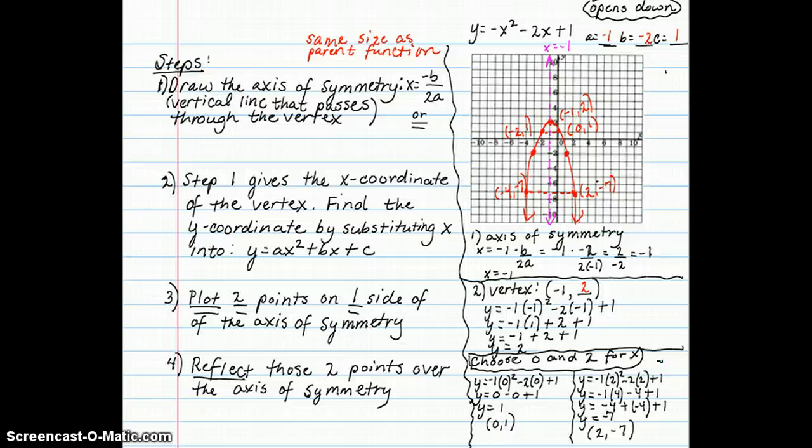However, it doesn't matter. Both are pretty simple. And we know it's the same size as the parent function because the absolute value of a, the absolute value of -1, is equal to 1. And that's what tells it to you. So the absolute value of -1 equals 1. That tells you it's going to be the same size as the parent function.